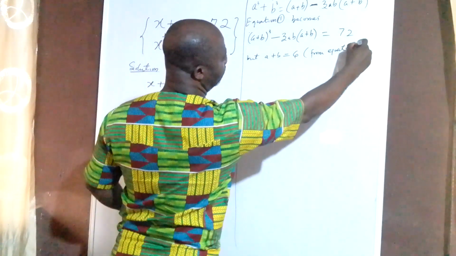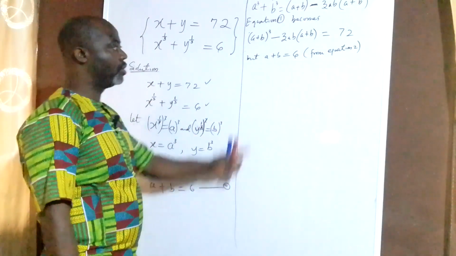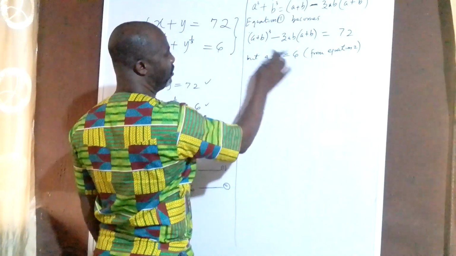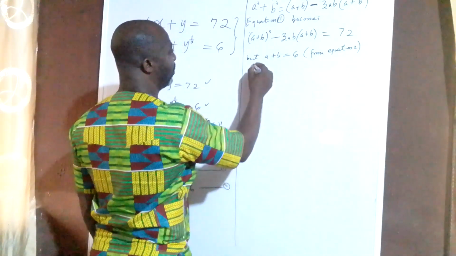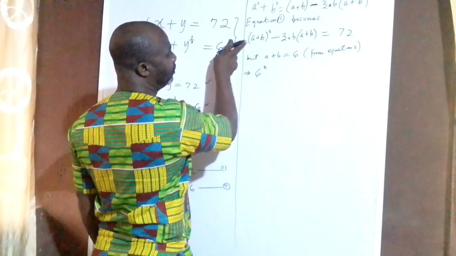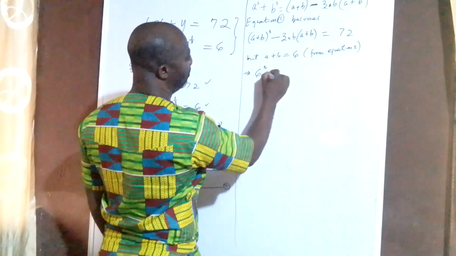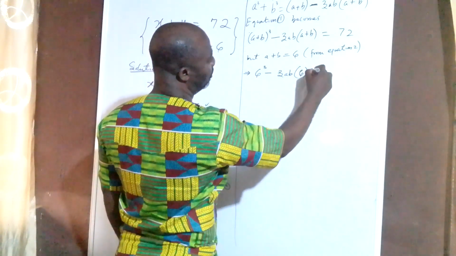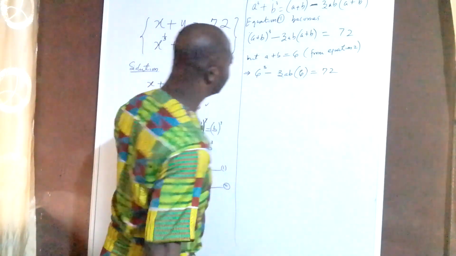So where we see a plus b, we simply substitute 6 there. So we have 6 cubed minus 3ab into 6 equal to 72.